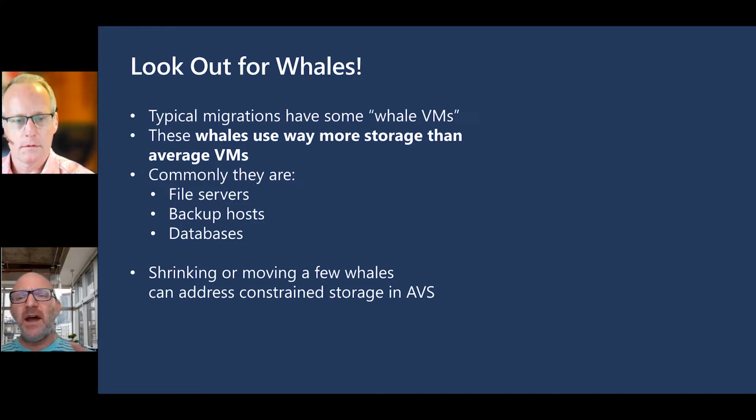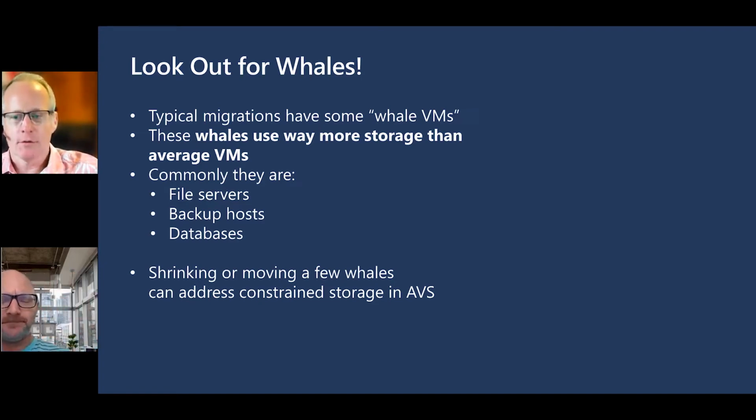Let's try to not have to grow the cluster to support all the data that's being consumed or leveraged by the databases and the file server. Right, because with file servers, probably 80-90% of that data is never going to be accessed again by an end user. So why don't we get it off of there? And we can do that transparently. And we'll show you a couple of strategies to deal with that.